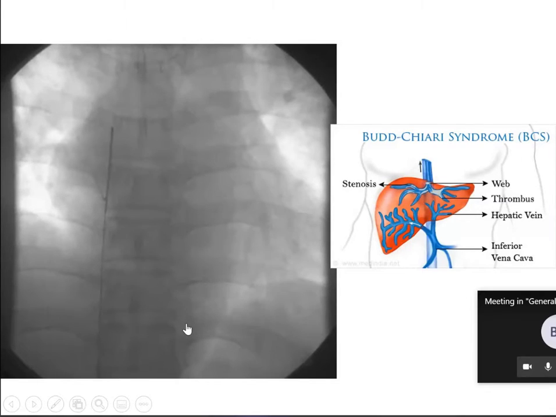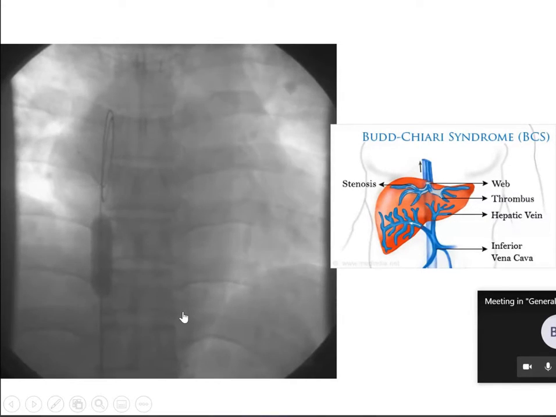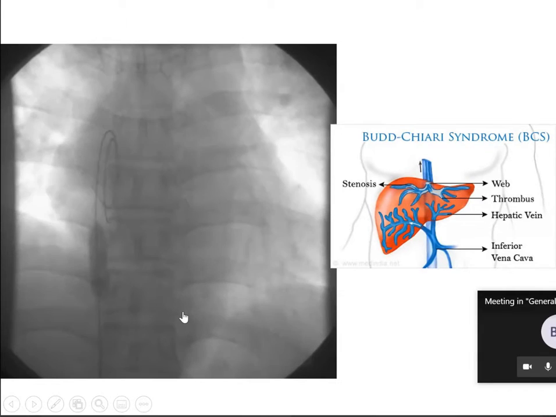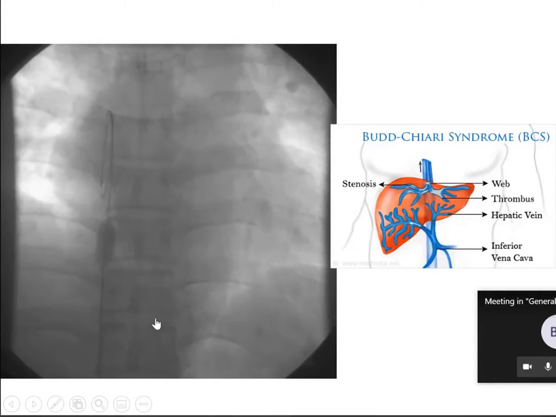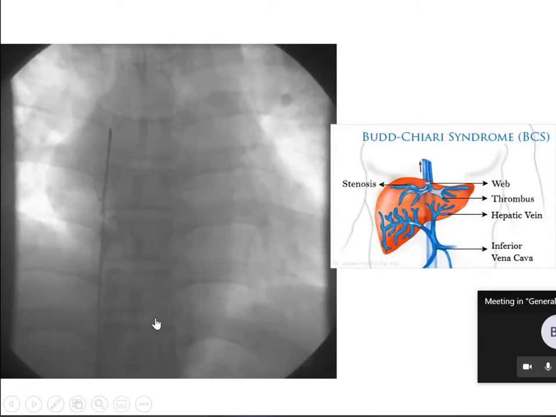Yes, you can do stenting or you can just do a balloon dilatation also. In this case we have done a balloon dilatation. This patient had multiple surgeries for varicose veins. So this is Budd-Chiari syndrome, and usually you read about it: what is the pathogenesis, how it is treated, and what the consequences are. Patients present with portal hypertension, etc.